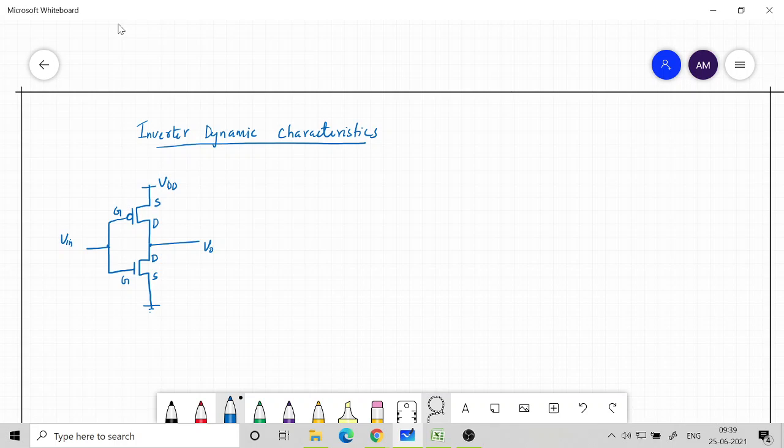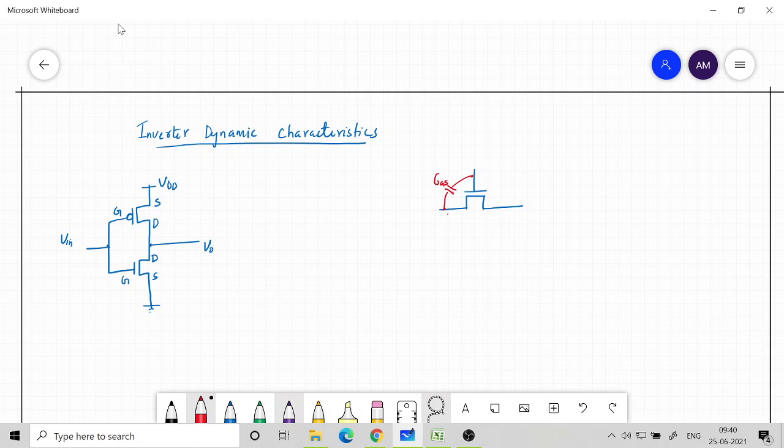Then we distributed these capacitances with respect to different terminals. If you take an NMOS, what we earlier saw was an NMOS like this. It had various capacitances, and we said there is a capacitance between gate and source, so this is our CGS.